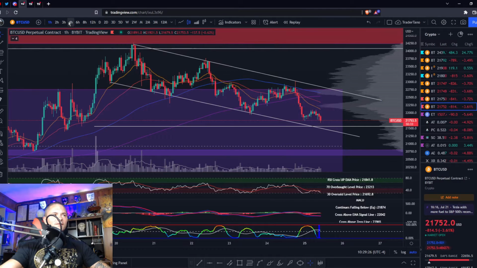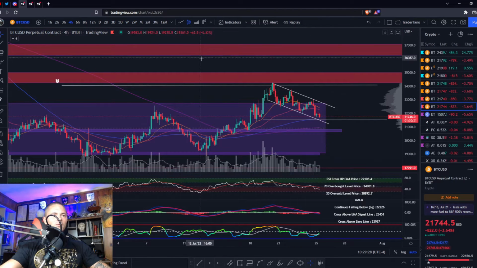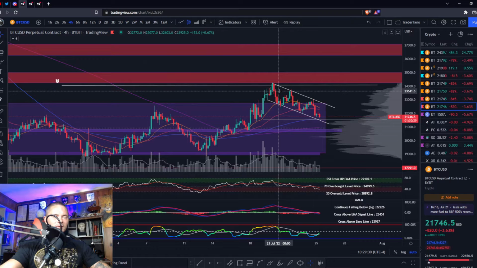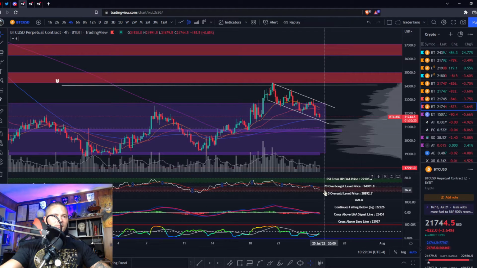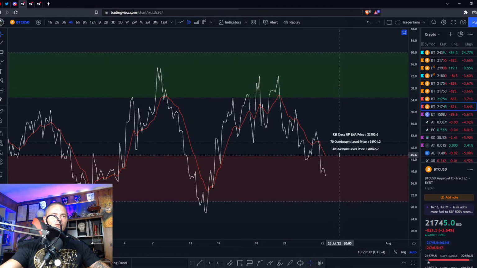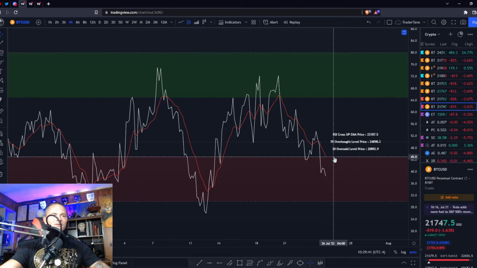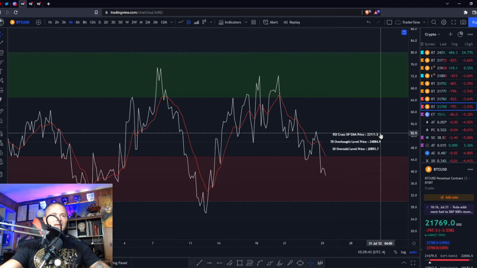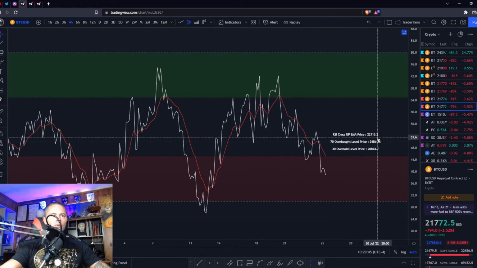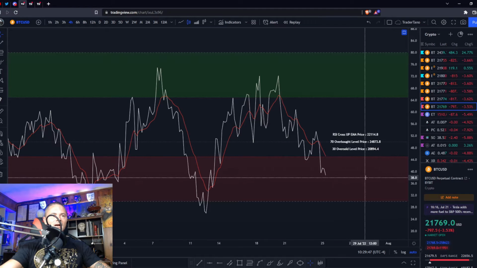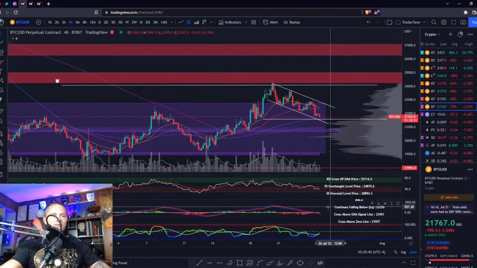I do want to check the 4 hour real quick, find out where we are in the higher time frame. We are pretty deep in the bearish control zone below that signal line, which also comes in at the top of the bearish control zone. So you will have some major volatility there. We need to get back above 22,117 in order to cross that EMA and get out of the bearish control zone.